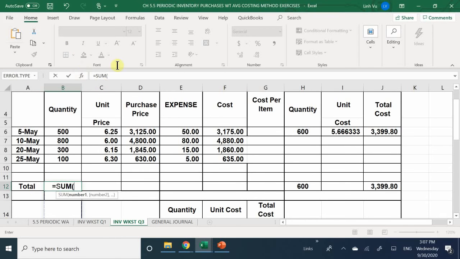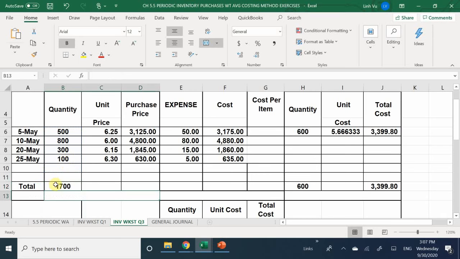What's my total purchase price? $10,400. And my freight? $150. And my total is going to be $10,550. Good. Make these dollar amounts.